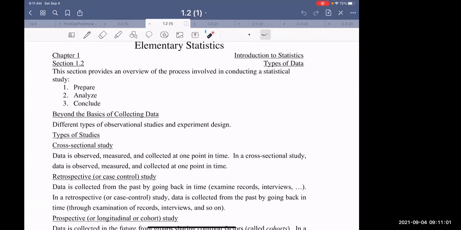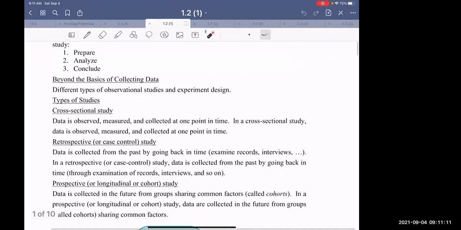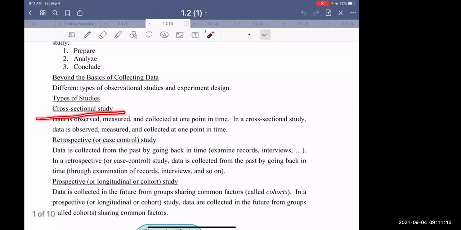Before I look at types of data, let's look at different types of study. So, a cross-sectional study. In a cross-sectional study, we'll be looking at things at one particular point in time.